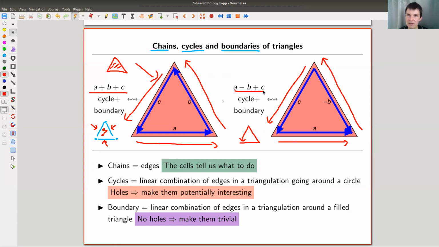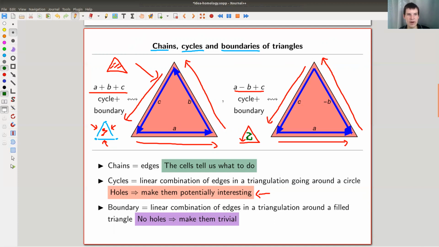Anyway, so cycles, right? Cycles should pick out our holes. So cycles in those homology groups that we are trying to produce should be kind of the generators for holes. So these should be potentially interesting in whatever we do. And what kills holes is if you glue in a disk into my cycle.